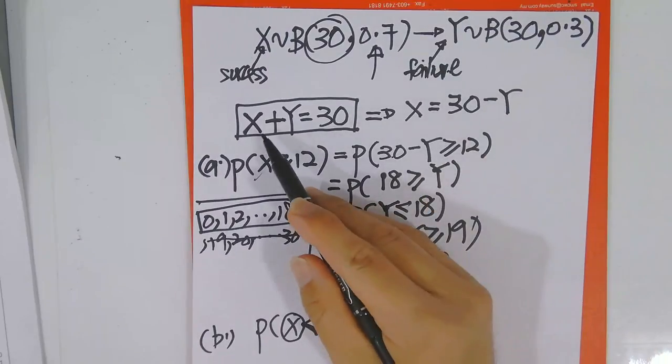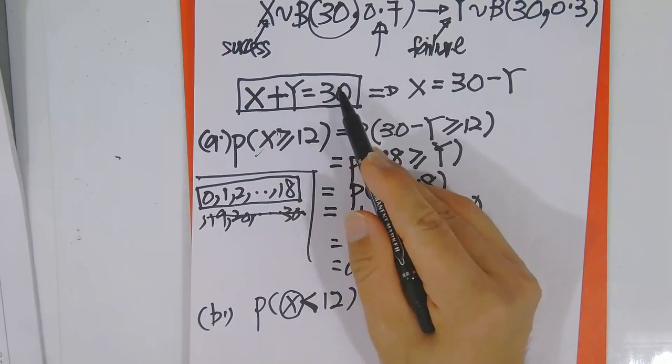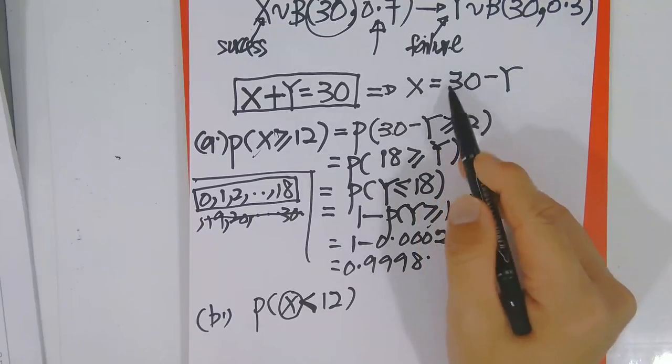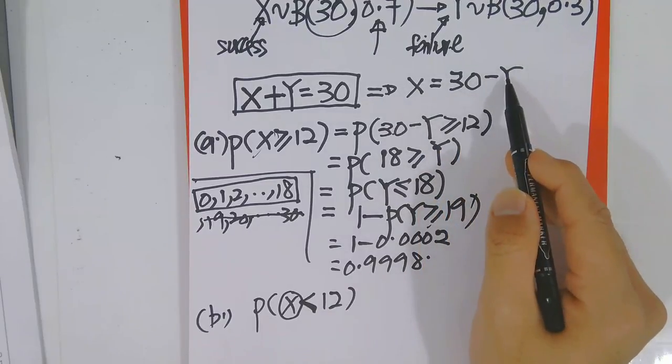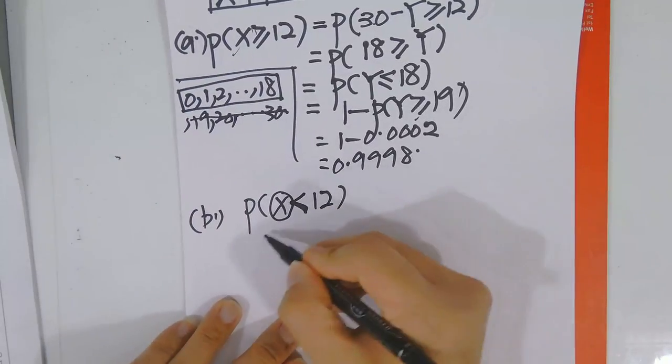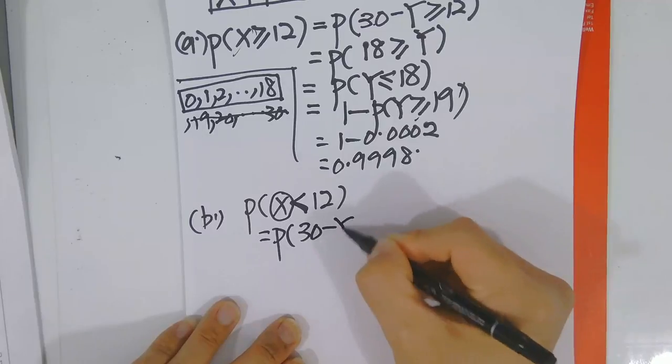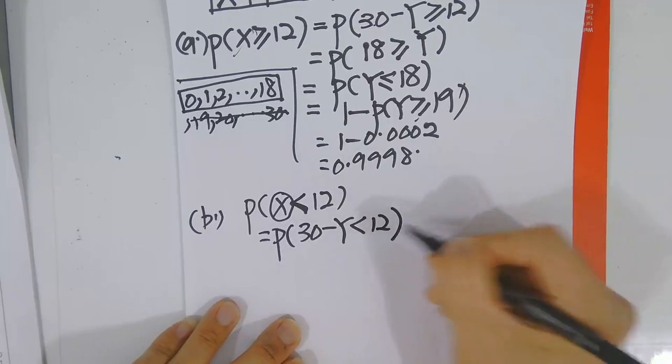And I know that x plus y is 30, right? And x definitely is 30 minus the number of failures. Number of successes is the same as the total 30 minus the number of failures, right? So I can rewrite this to be probability of 30 minus y less than 12.